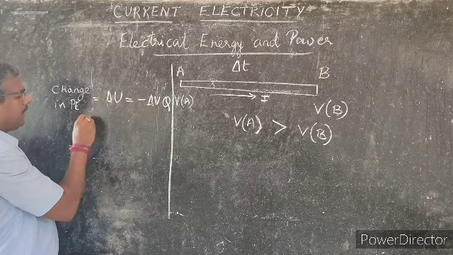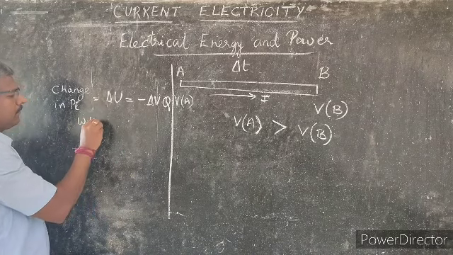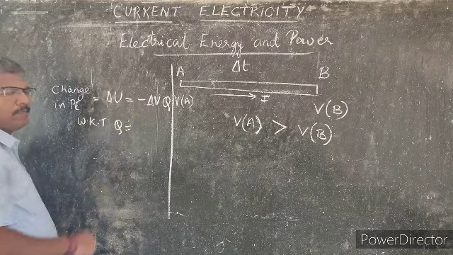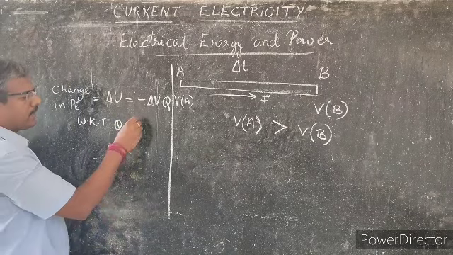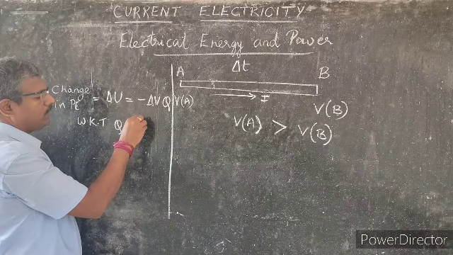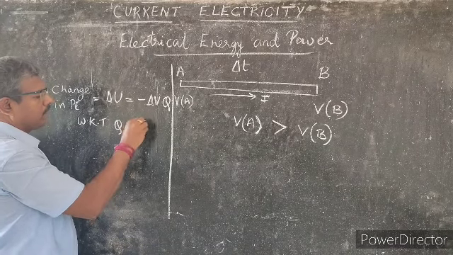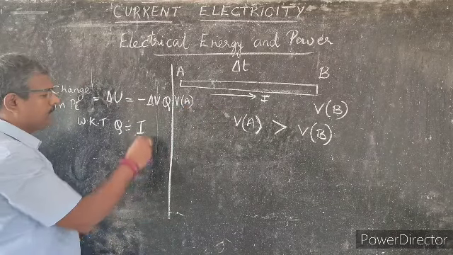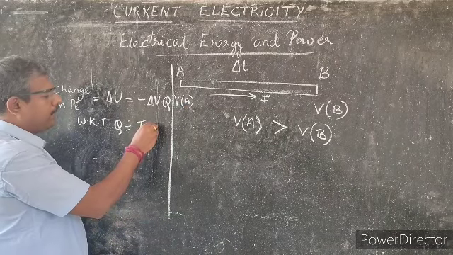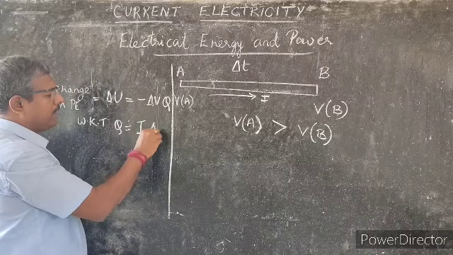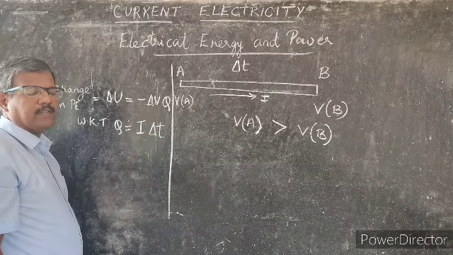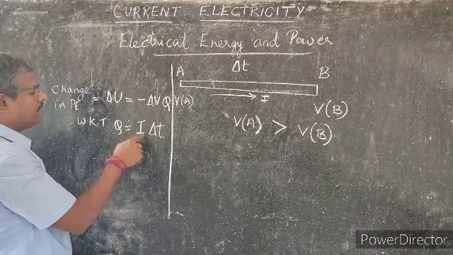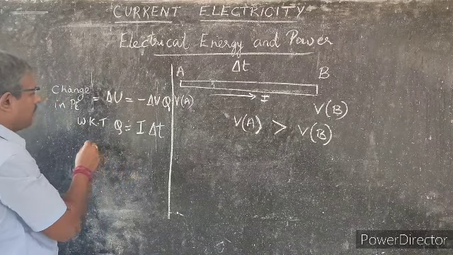Now we also know that Q is a product of the current multiplied by the time for which the current has flowed, which is delta T. So I can replace this in the original equation.